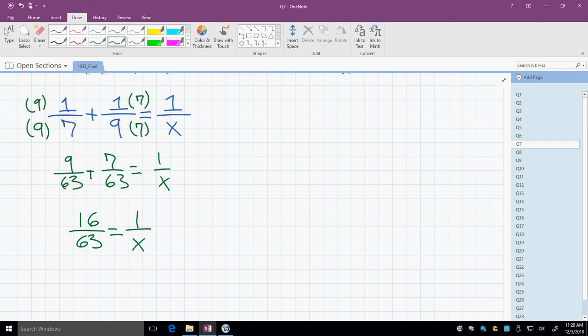The x is on the bottom and I need it on the top, so let's just flip the fraction. So I'm going to have 63 over 16. I don't write the 1 on the bottom because we don't need it. So that will be your answer.